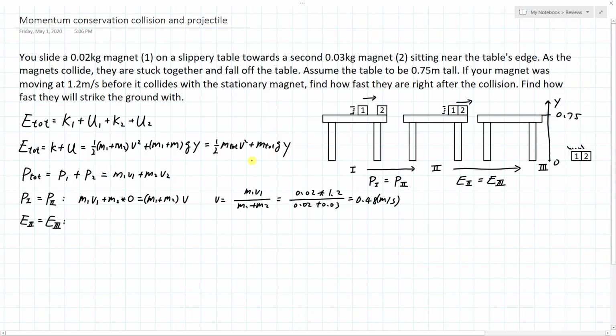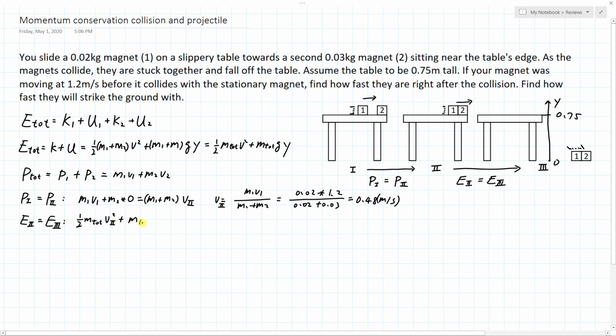And this is the total energy, so 1/2 mass total, this is that velocity right here. Let's put some subscripts here, V2.